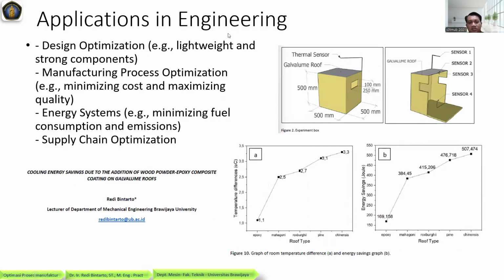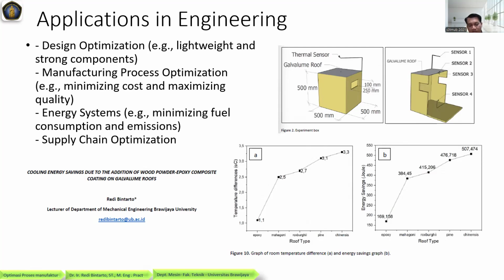Okay, because of that, in engineering, actually in mechanical engineering, we can use this kind of approach for design optimization, lightweight and strong components. We have to produce stronger components, but lighter, because of efficiency, like cars maybe.